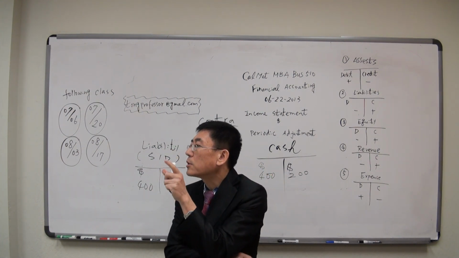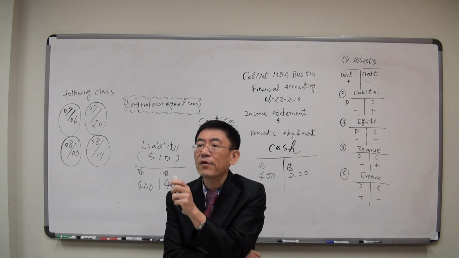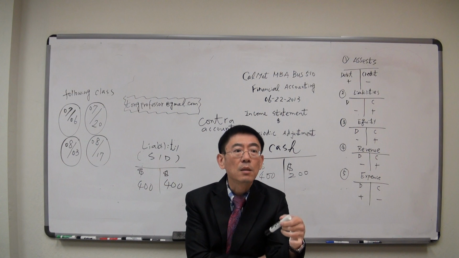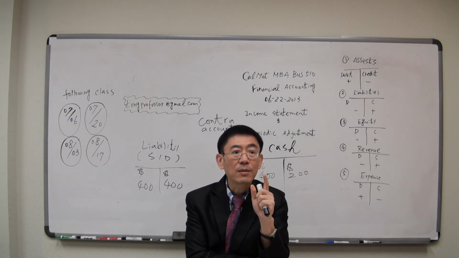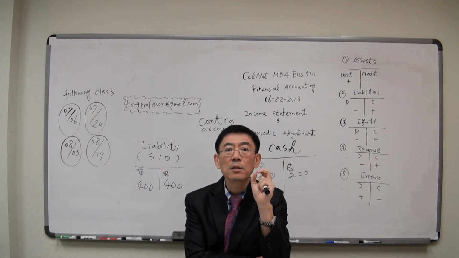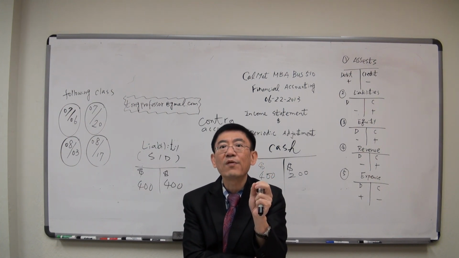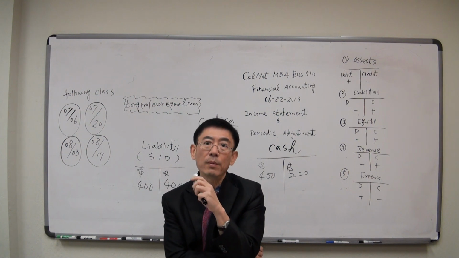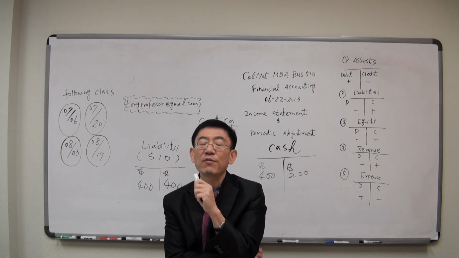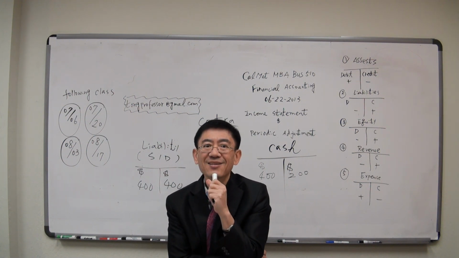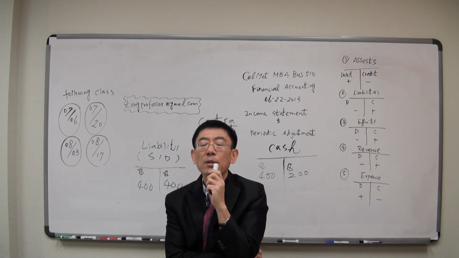They are all under the assets, but they could be different. So inventory, equipment, supplies, very similar because they are all under the assets category. It's very easy to differentiate supplies from equipment because equipment is subject to depreciation and supplies usually is not subject to depreciation.